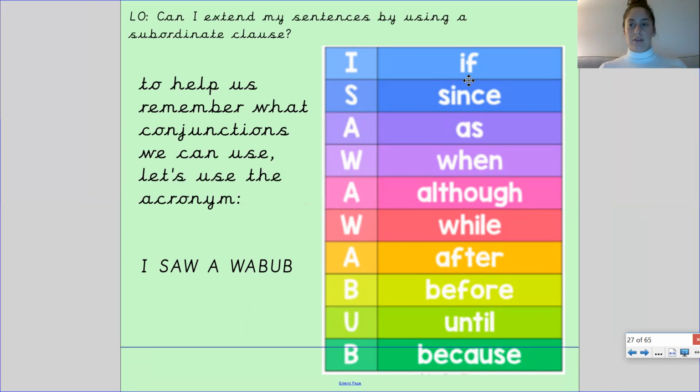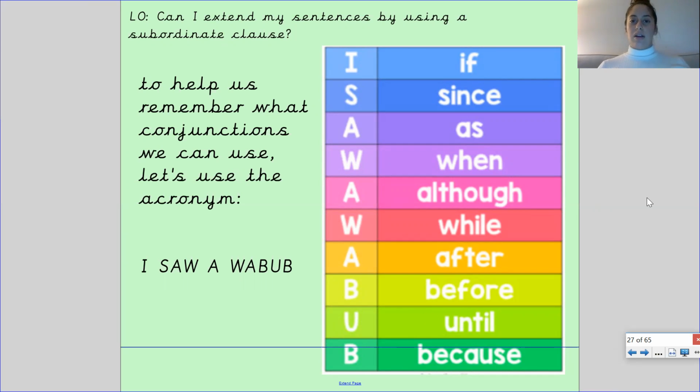I stands for if, saw stands for since, as, and when. A stands for although, because although starts with an A. And Bob stands for while, which starts with a W, after, which starts with the A, before, until, and because.